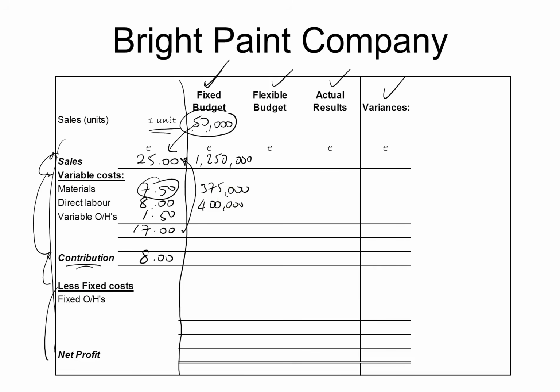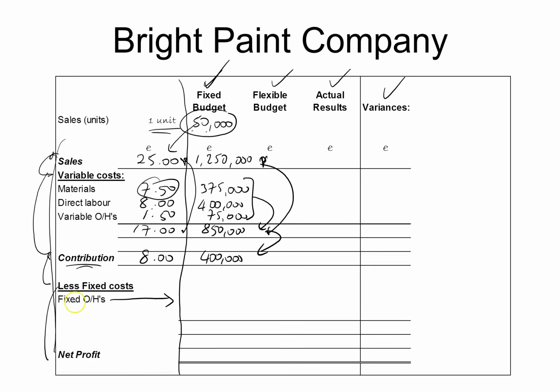And for the variable overheads, 50,000 by 150, that is 75,000. Now if I add these three together, I'll get my total variable cost, which comes to 850,000. And my sales revenue minus my variable costs will give my budgeted contribution of 400,000.